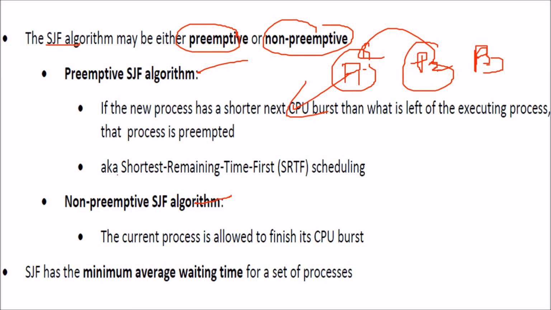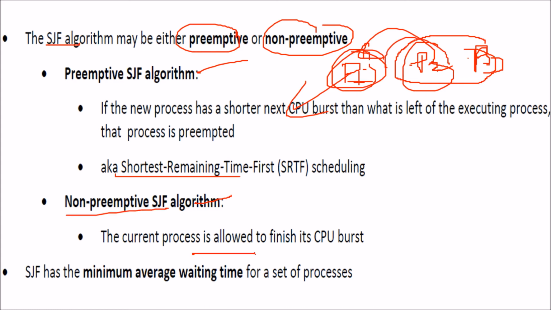This is the shortest remaining time first, because if the time remaining for P1 is less than P2 and P3, P1 will be allowed to complete. Otherwise, P2 will be taken. In non-preemptive SJF, the current process is allowed to finish its CPU burst, and only then P2 and P3 will be catered. As we just saw, it is very ideal, as it has a minimum average waiting time for the set of processes.